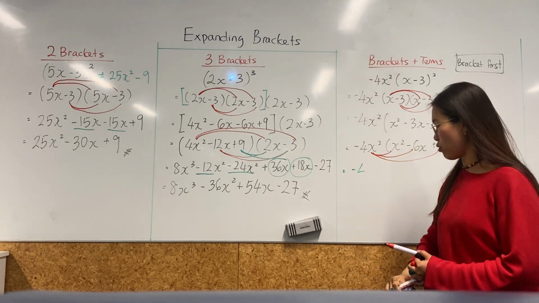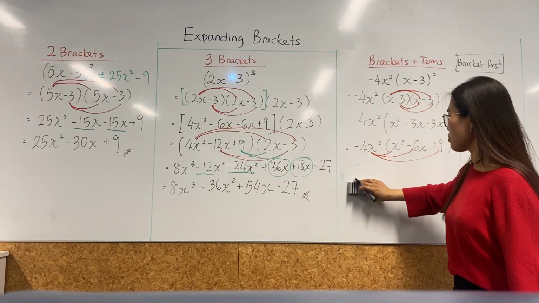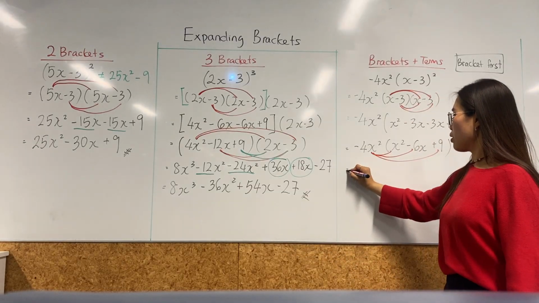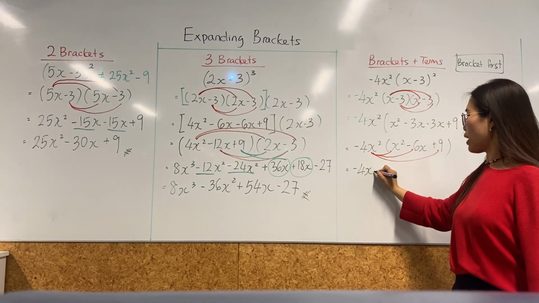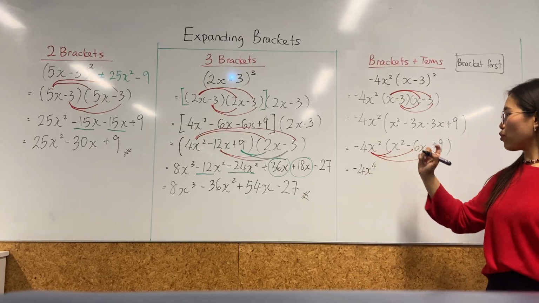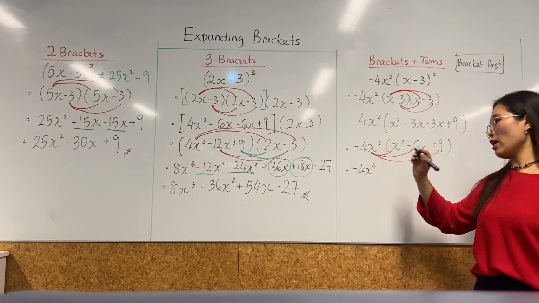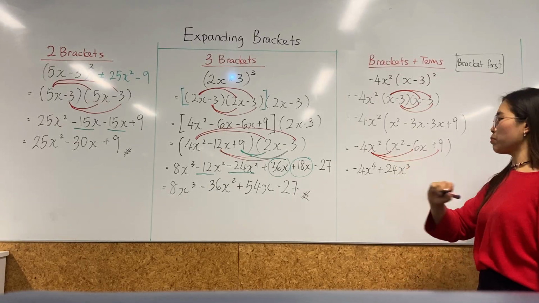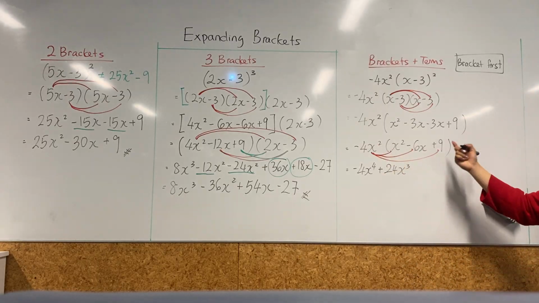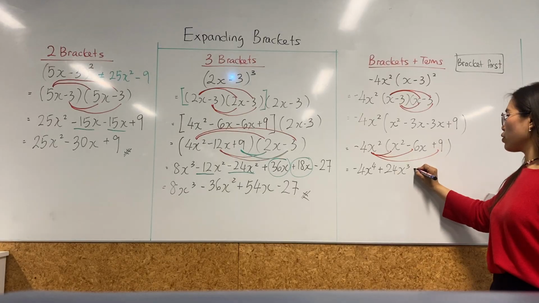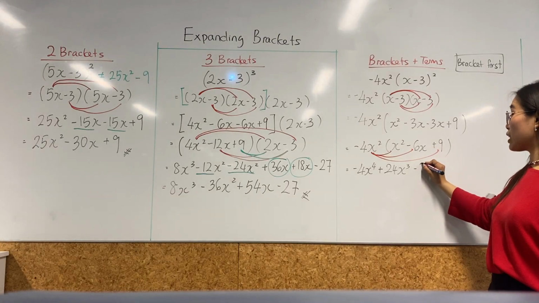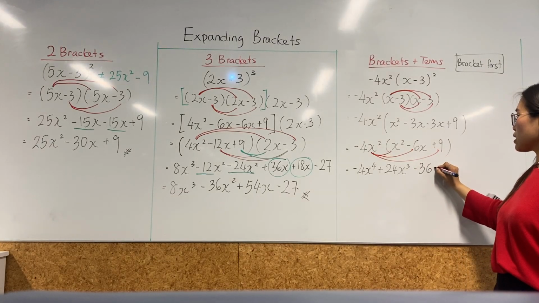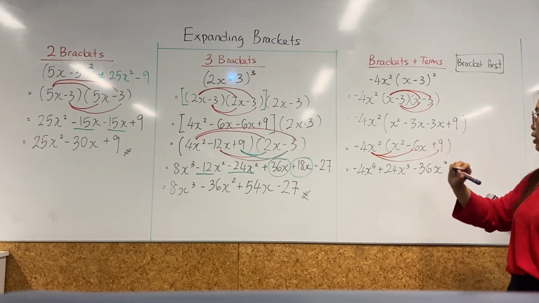Oh, did I use the wrong pen? Negative 4x squared times negative 6x gives you a positive 24x cubed. Negative 4x squared times positive 9 gives you a negative 36x squared.